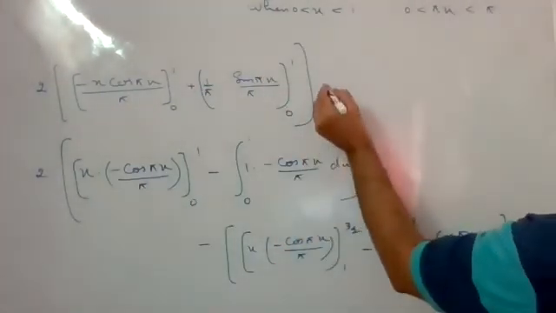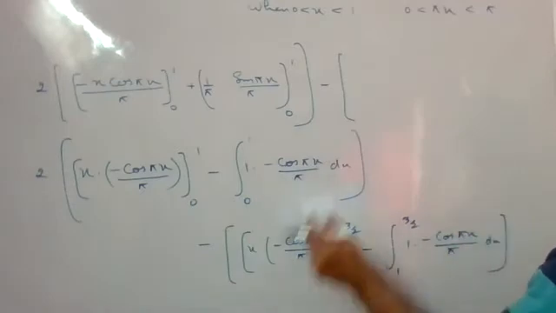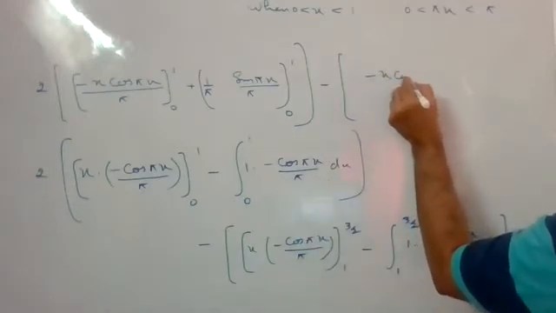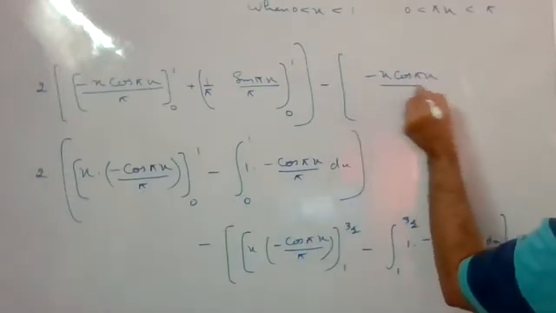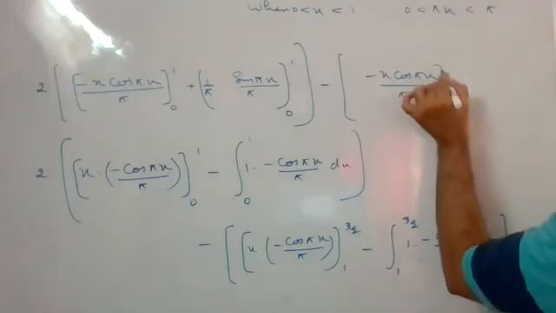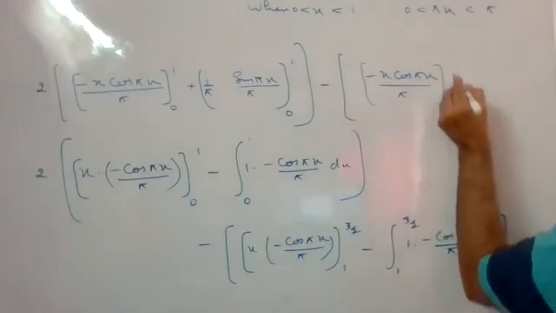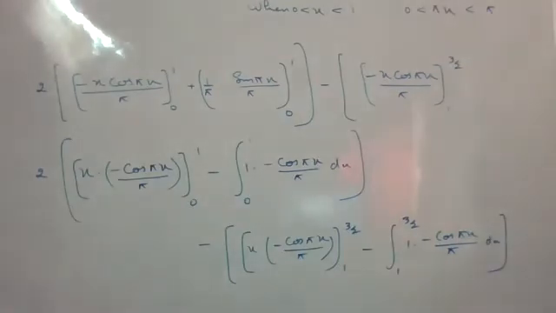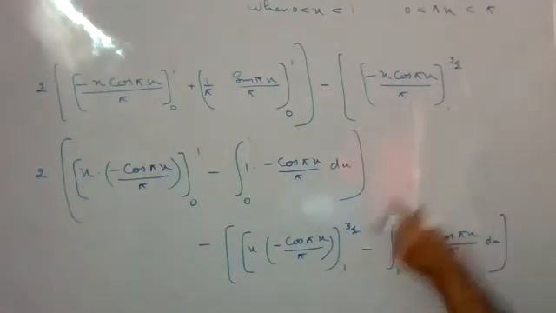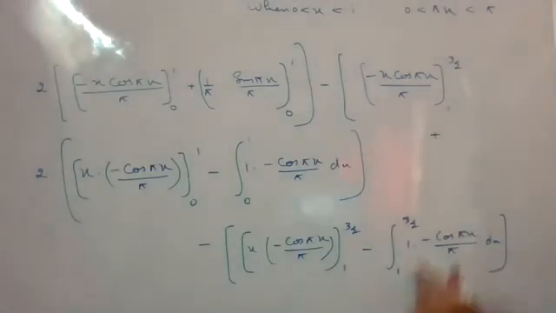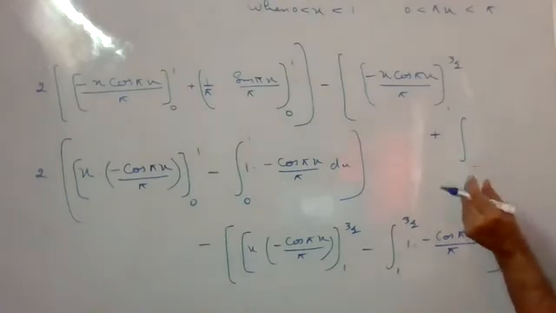Here I'll take the same thing, minus is here, minus x cos pi x by pi, limit will go from 1 to 3 by 2, minus and minus फिर plus हो गया ये, and then it will come out to be 1 to 3 by 2.